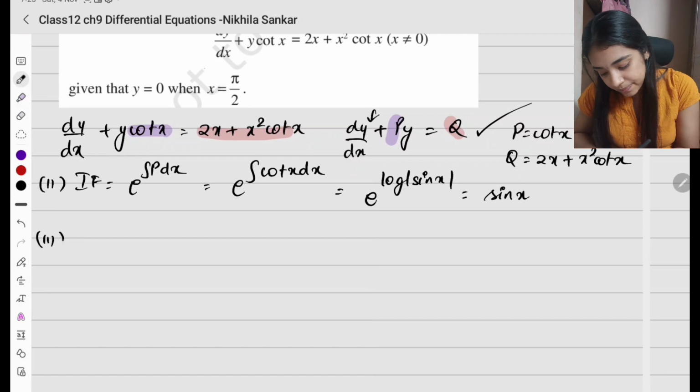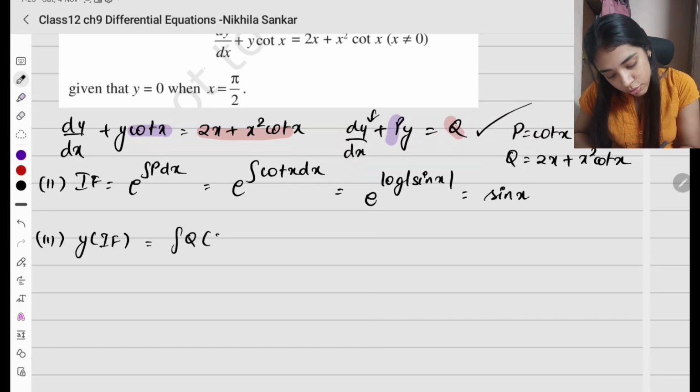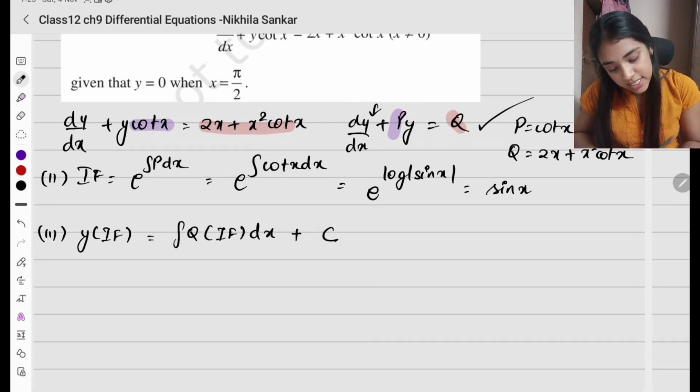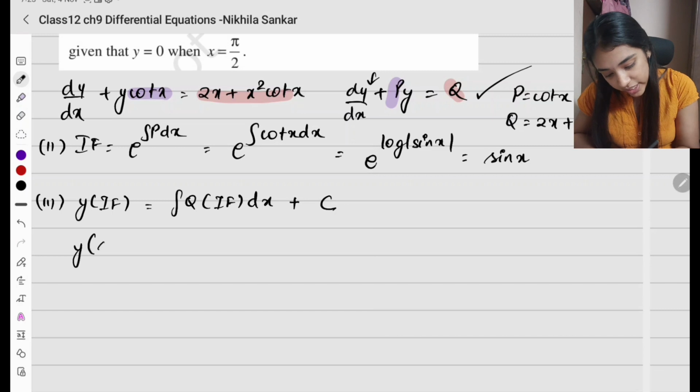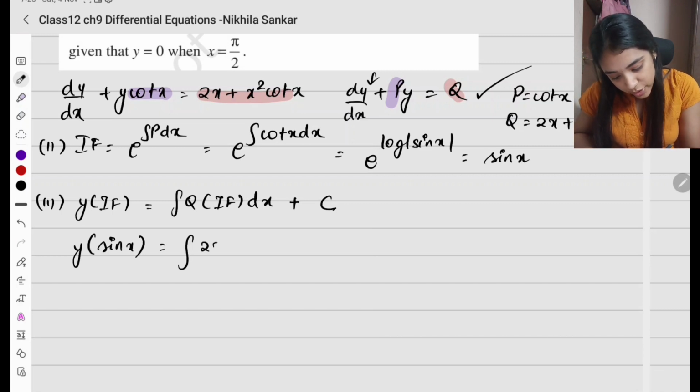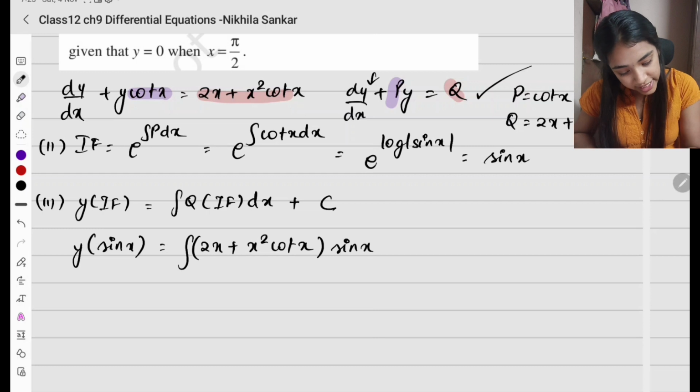Now, third step: y times integration factor equals integral q into integration factor times dx plus c. Okay, so I have y into integration factor sin x equals q, which is 2x plus x square cot x, times integration factor sin x, dx, plus c.